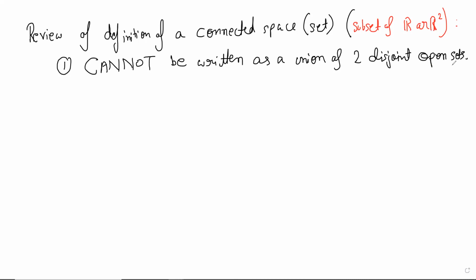Okay, everybody remembers this definition? Something that cannot be broken up. But here it means that something that cannot be written as a union of two disjoint open sets. Okay, open sets, we know what that means.